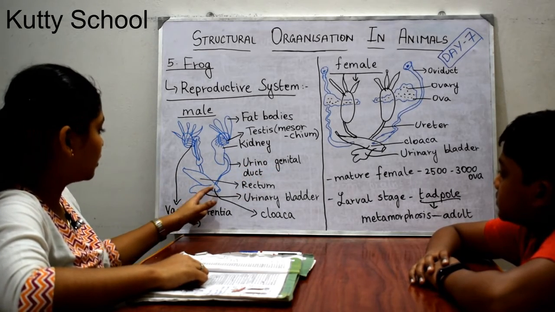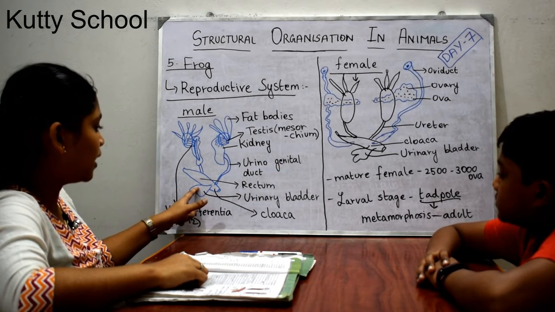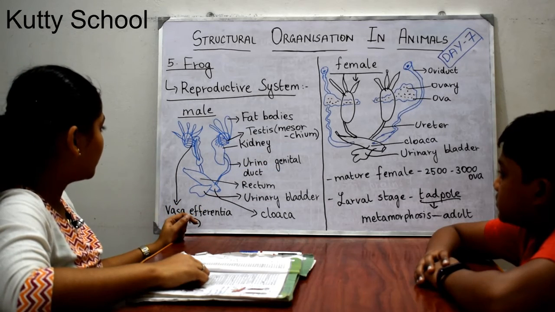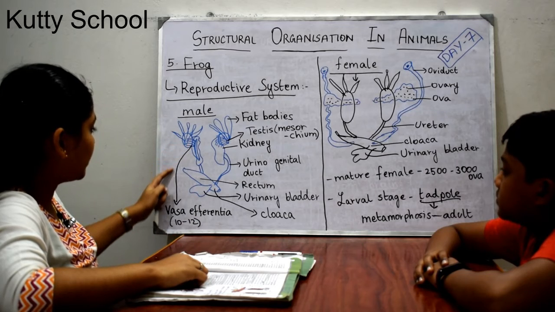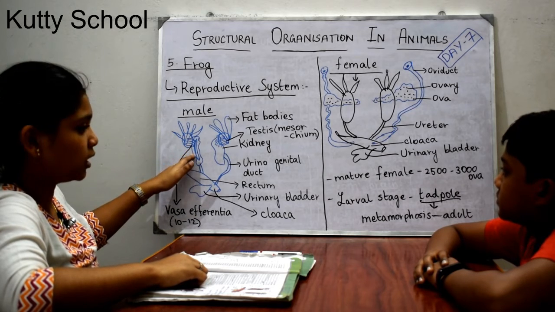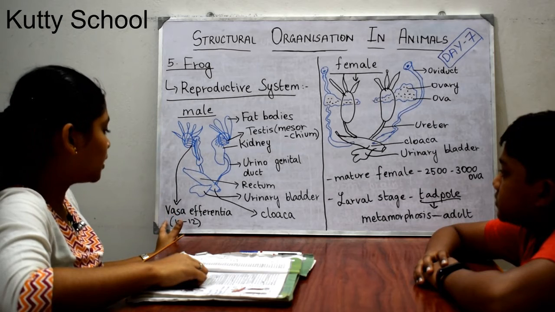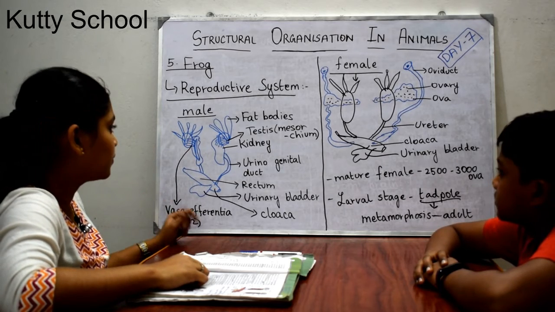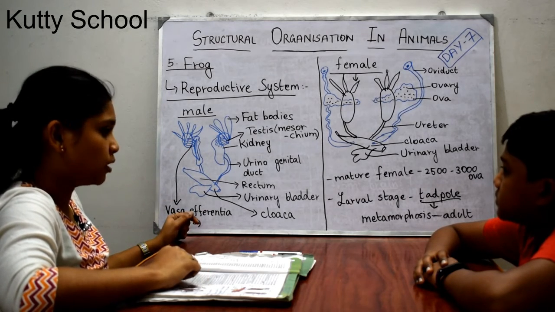This is the cloaca, and this is the urinary bladder, where urine is stored and released. Here the vasa efferentia, 10 to 12 in number, carry the sperms to the kidneys. So this is about the male reproductive system.